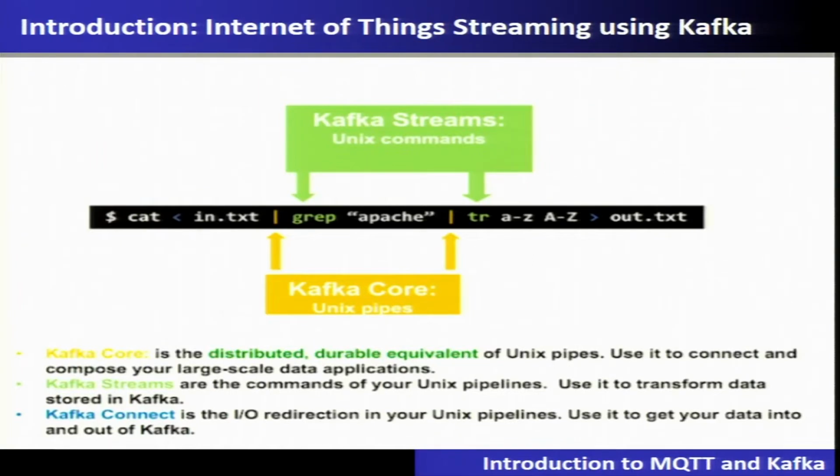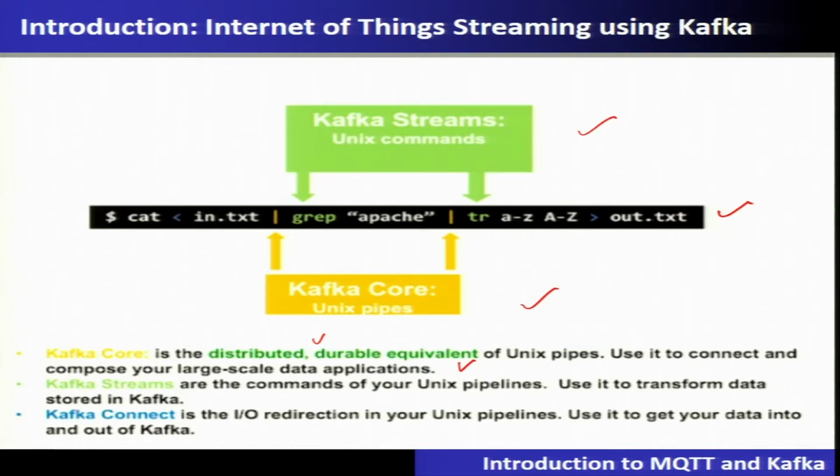So let us understand Kafka in more detail. You can understand Kafka Streams and Kafka core, two important concepts. If you see this kind of Unix pipe, then what you will find is that Kafka core is a distributed, durable equivalent of a Unix pipe, and you use it to connect and compose large data applications.